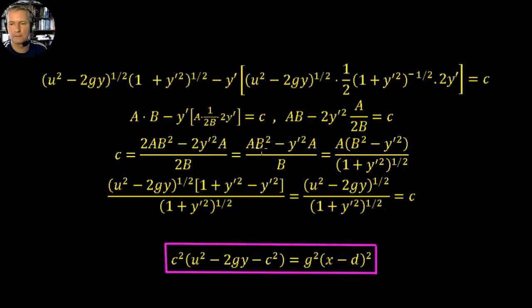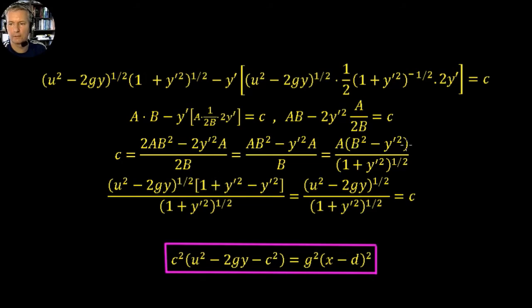So that's the same as ab squared minus y derivative squared times a upon b, just cancelling out the 2's there. And so we take a common factor of a, and we have b squared minus y derivative squared, all upon 1 plus y derivative squared to the power of a half. So we'll put our terms back in. Our a is this term here, and our b squared is going to be given by 1 plus y derivative squared.